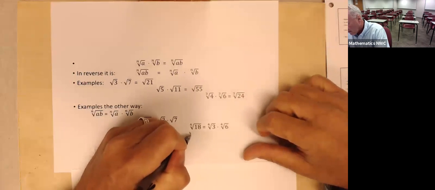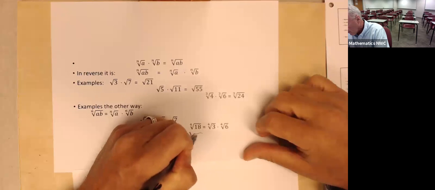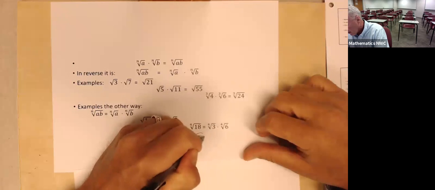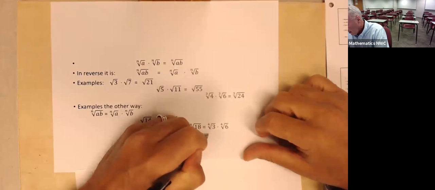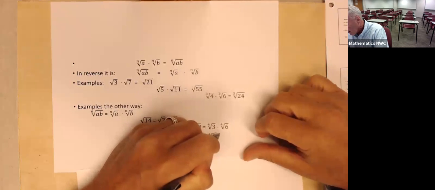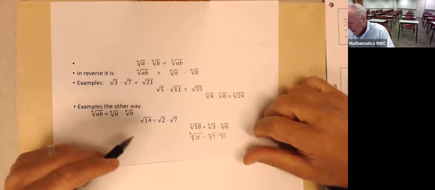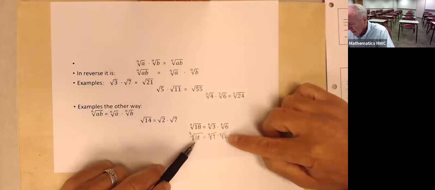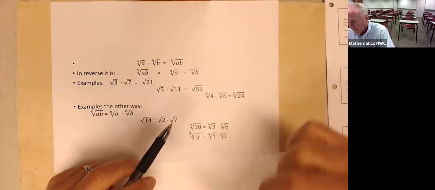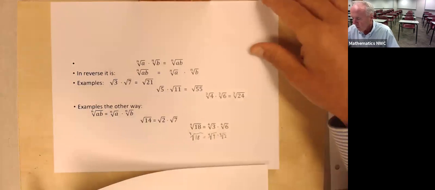Notice that this one could have been written also as the fourth root of 9 times the fourth root of 2. I emphasize that because sometimes there's more than one possibility. Sometimes one is useful, the other is not.